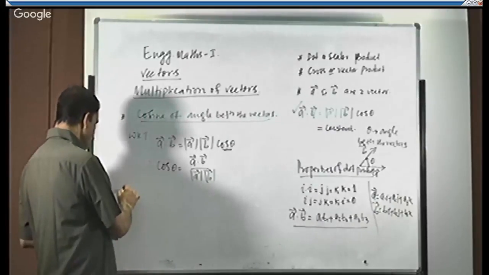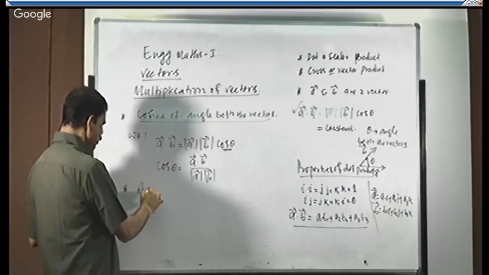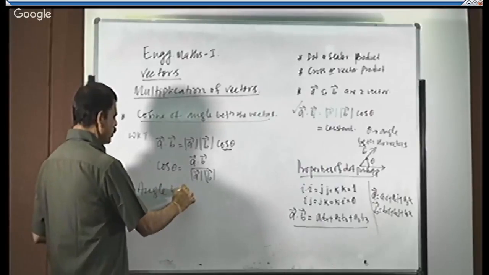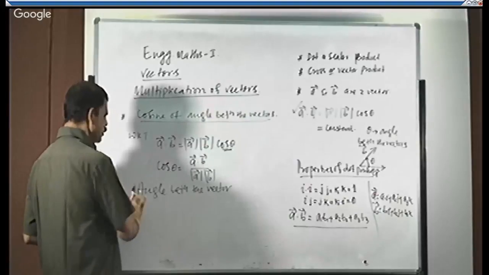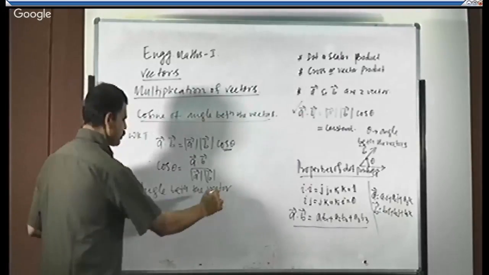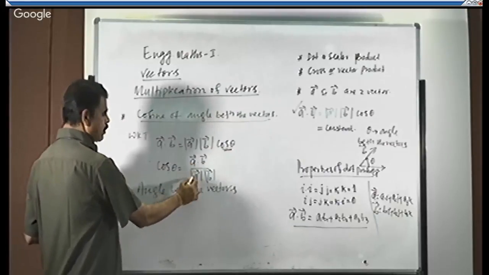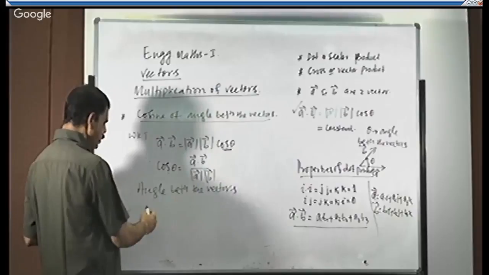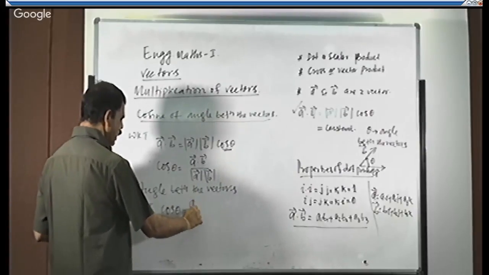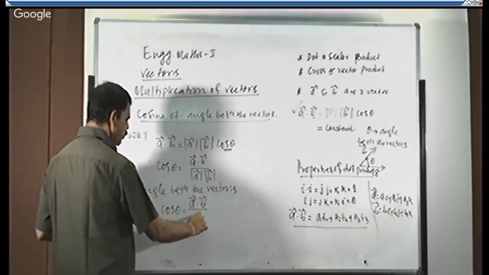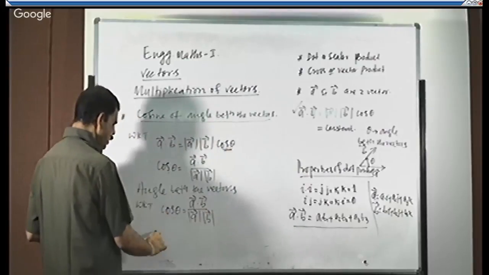So with this same formula, I can get the angle between the vectors. Next one is the angle between the vectors. So what is cos theta? Cos theta is equal to A dot B divided by magnitude A, magnitude B. With this, I can write the angle.